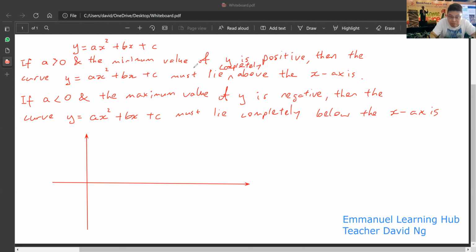Then they say that the minimum value is positive.